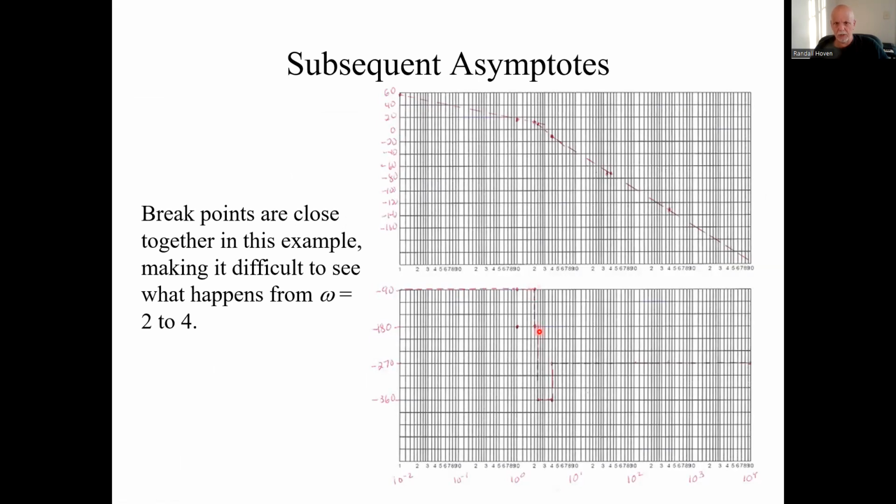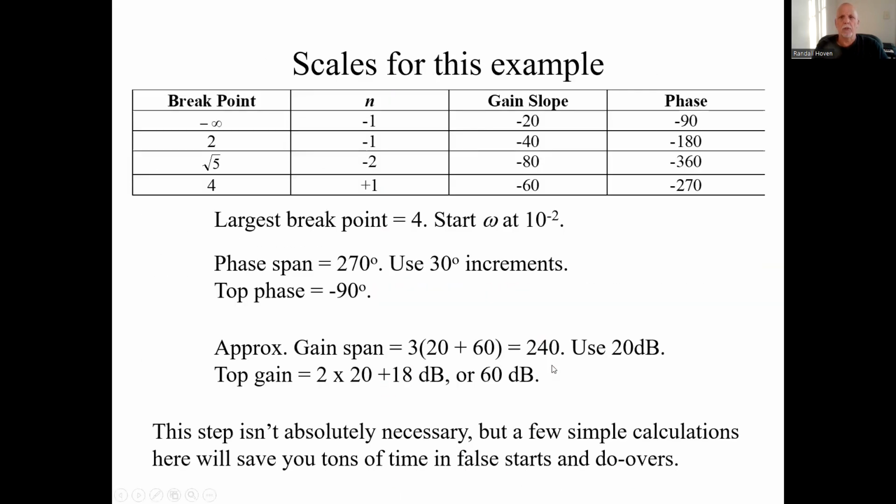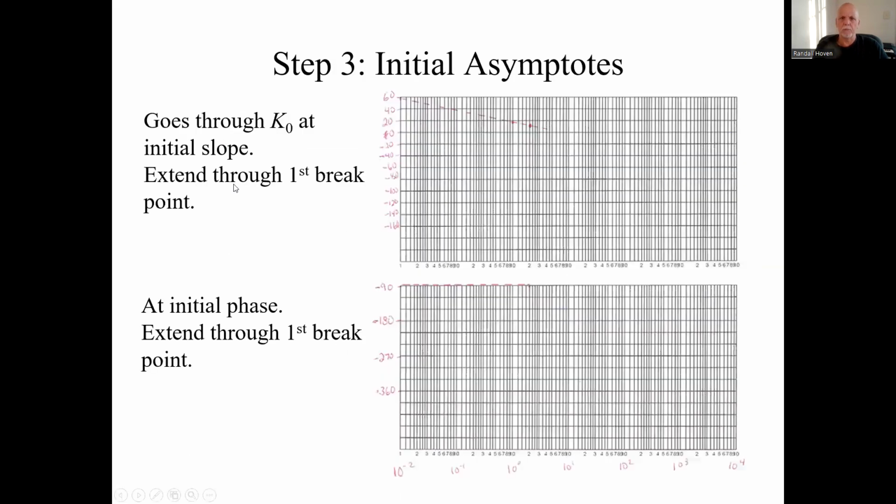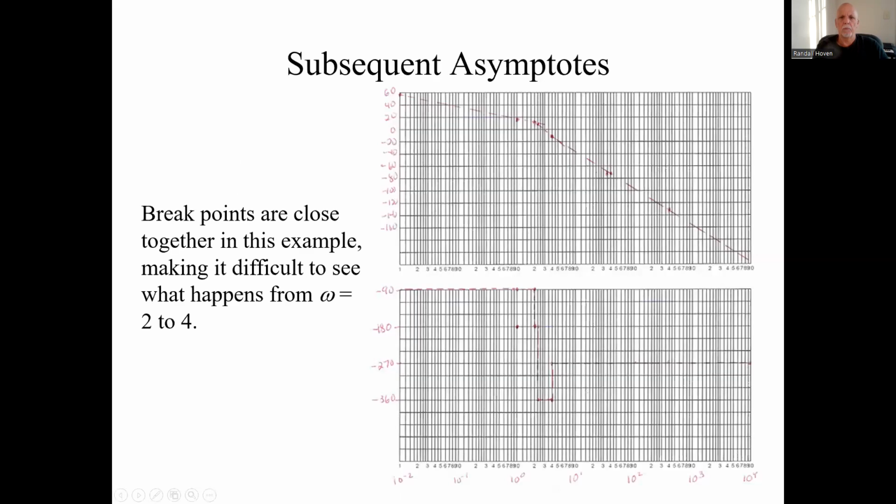Then it dropped another 90. Got to the next breakpoint, which wasn't too much further, and it goes down, I think, another 180. Then it goes to that breakpoint at 4, and we go back to, it was 7, right? Look at the Hoven table. Those were those phases, and they kick in at these breakpoints. So that's our asymptotes.